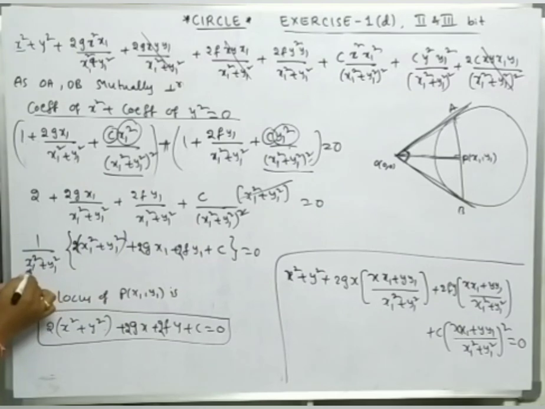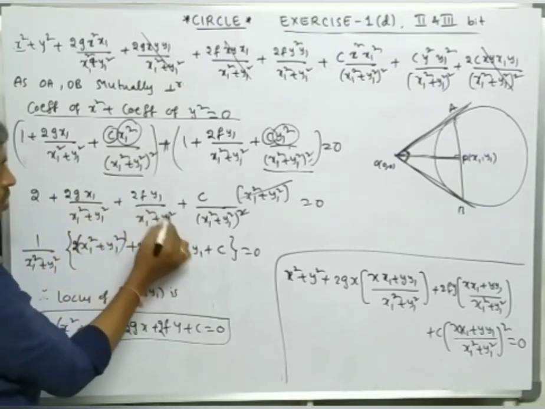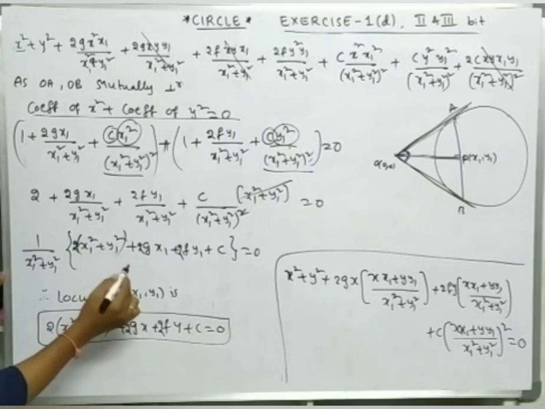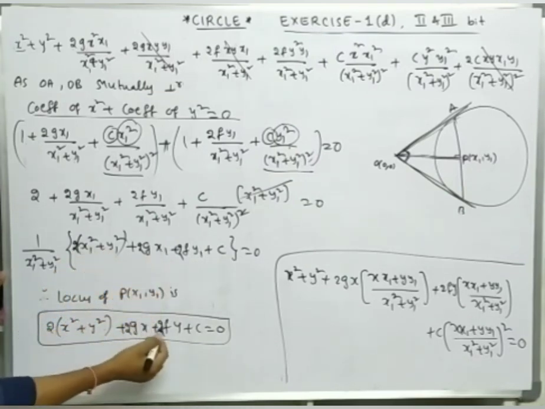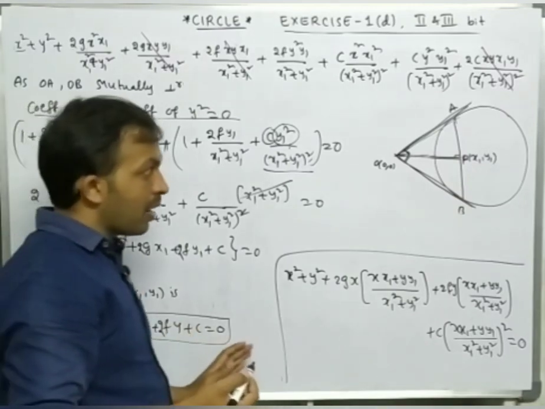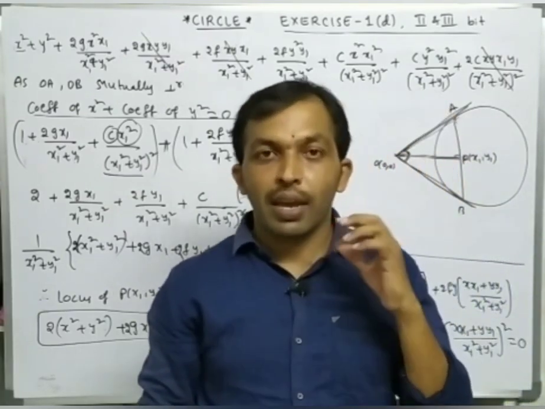In all terms x1 square plus y1 square is the LCM, then you will get 2 into (x1 square plus y1 square) plus 2gx1 plus 2fy1 plus c is equal to 0. Bring to the right side. So therefore the locus of P(x1, y1) is 2 into (x square plus y square plus 2gx plus 2fy plus c) is equal to 0. So the locus of all these points is again a circle.